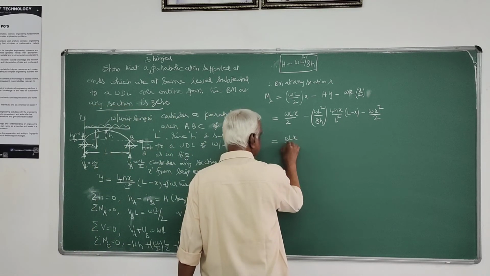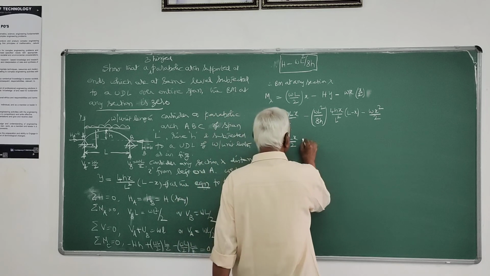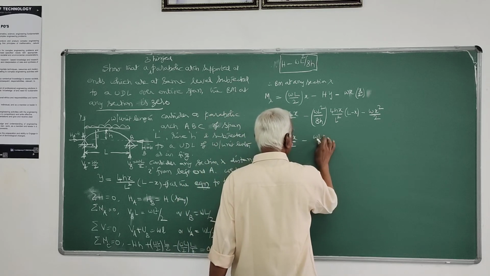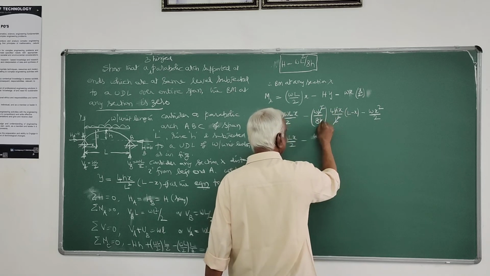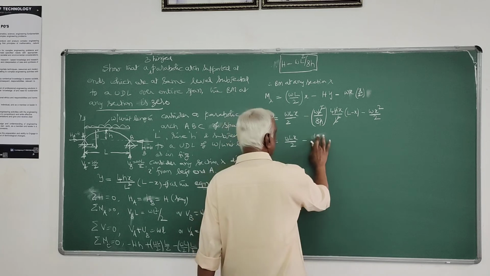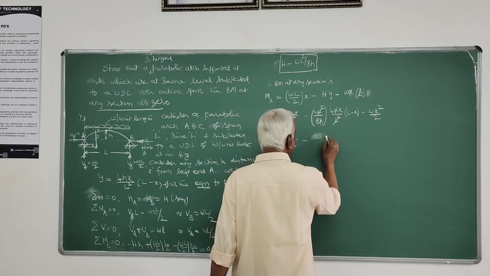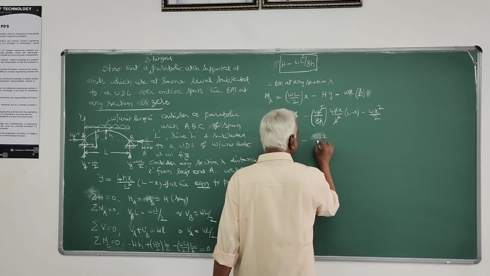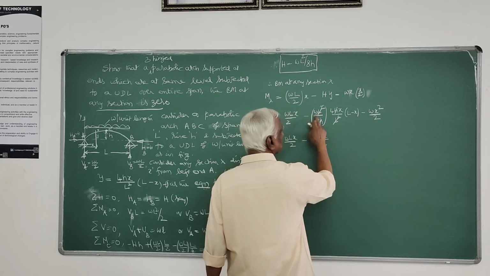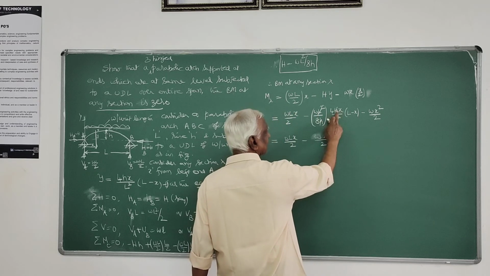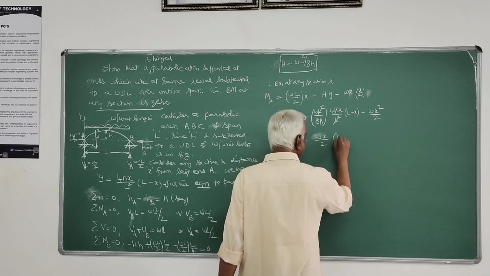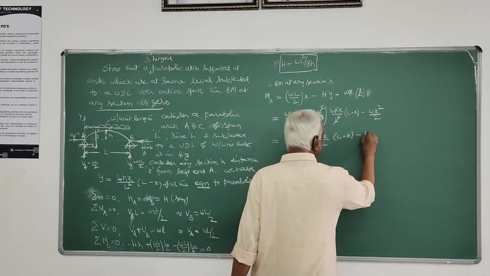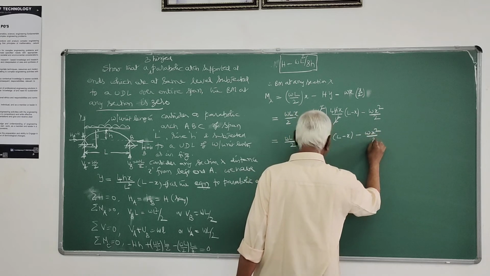Now we show that this is 0. This is WLx by 2 minus W; this L square will go, h will cancel. So you have W x divided by 2 into L minus x, minus WLx by 2.